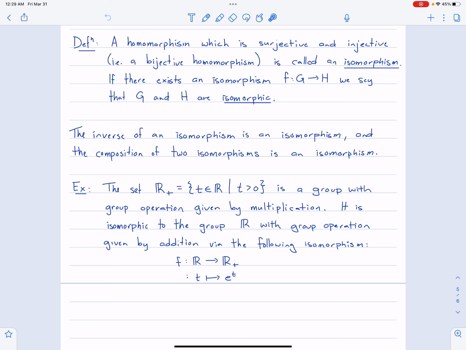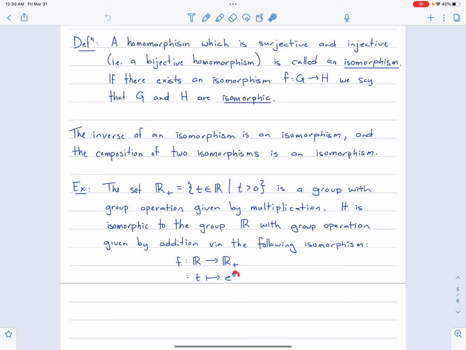And it's isomorphic to the real numbers with the group operation given by addition via the following isomorphism. I want to show that the group of real numbers with addition as the operation is isomorphic to the group of positive real numbers with multiplication as the operation. And the isomorphism that does that is: I take a real number t and send it to e to the t.